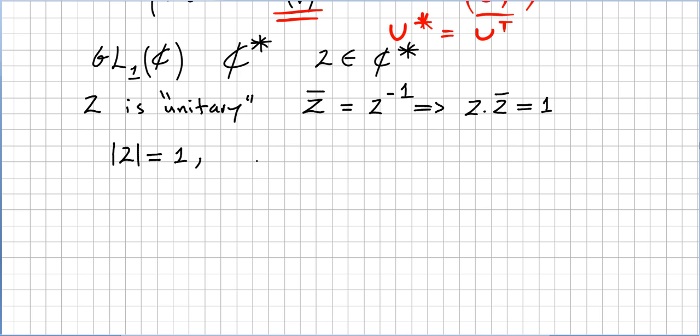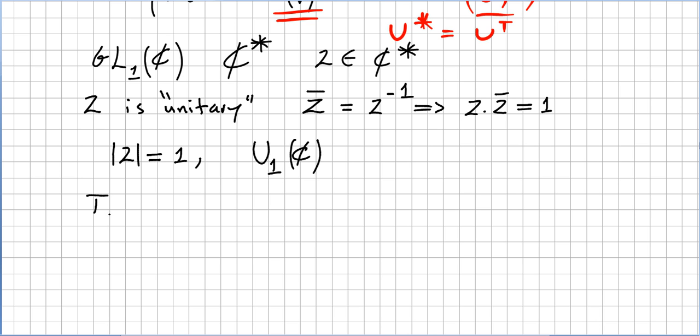So in a certain way we are in the unitary group of 1 by 1 matrices. So what is this?